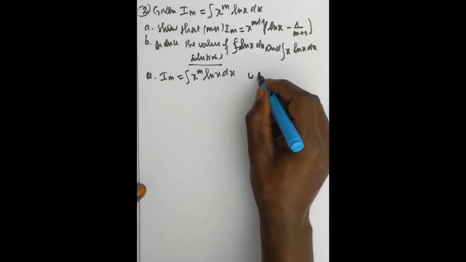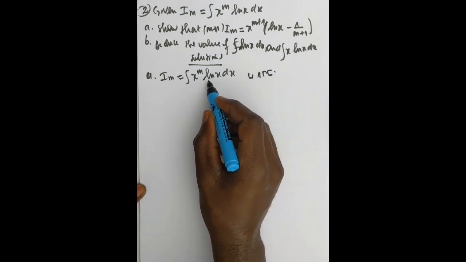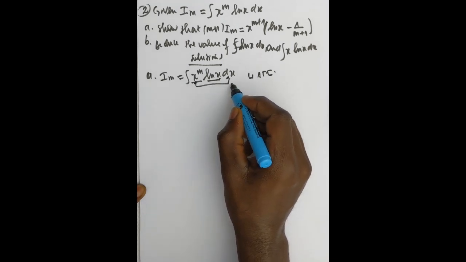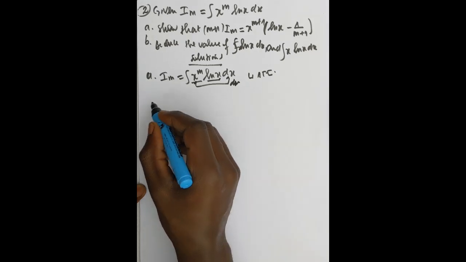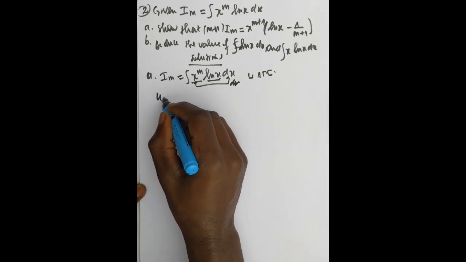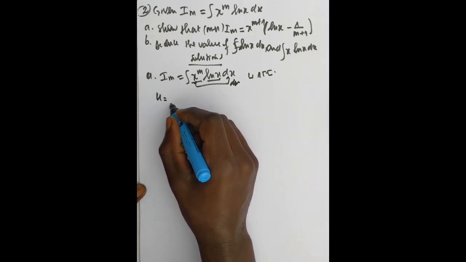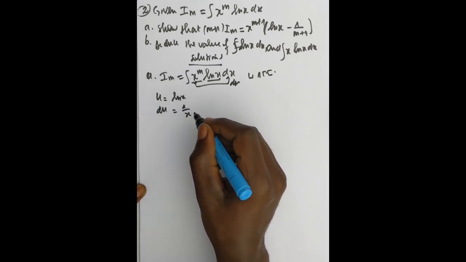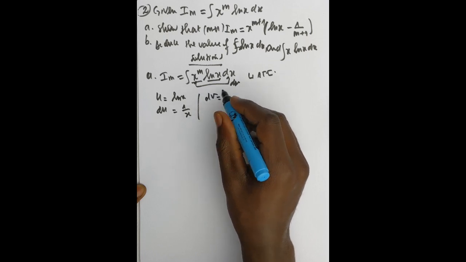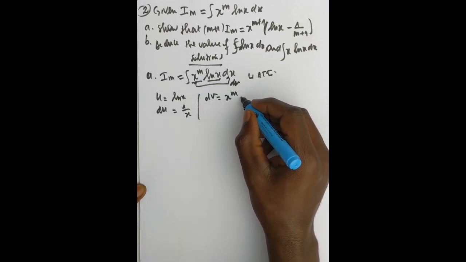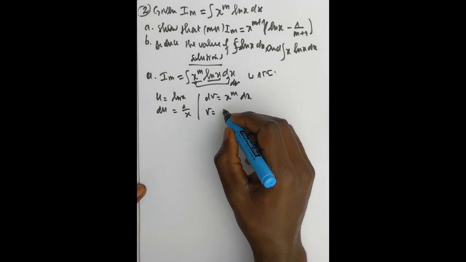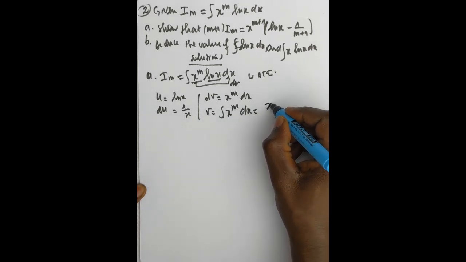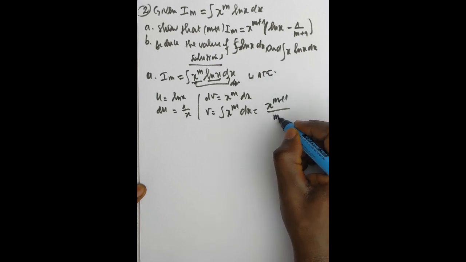From the word LIATE, we relate this u and this one will equal to dv. So u is equal to ln x, du is equal to 1 over x, dv is equal to x power m dx, and v is equal to integration of x power m dx which is equal to x power m plus 1 divided by m plus 1.